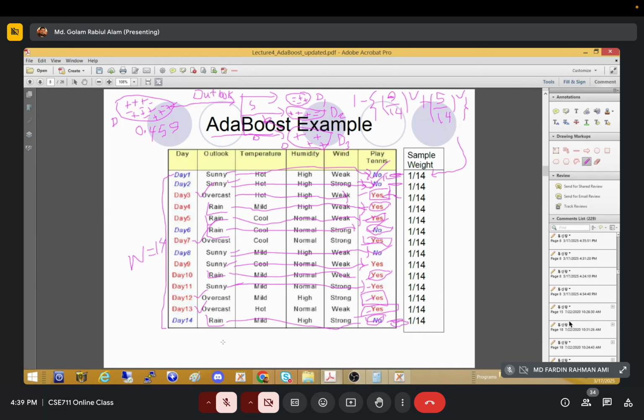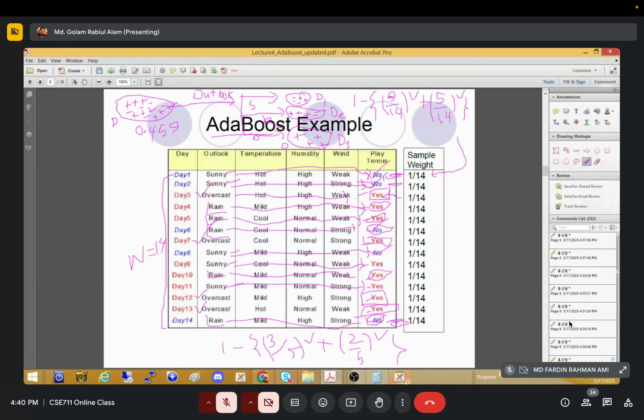For D1, it is 1 minus 3 by 5 whole square plus 2 by 5 whole square. That means probability of negative squared and probability of positive squared.